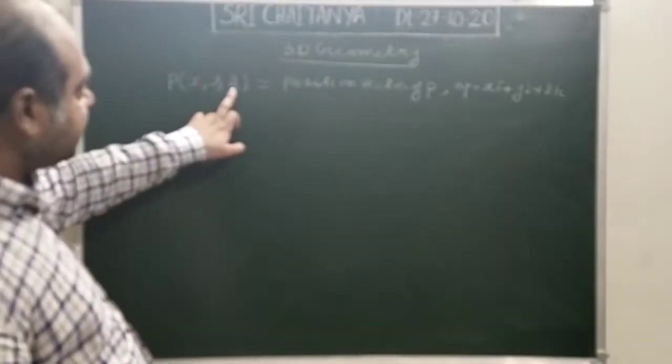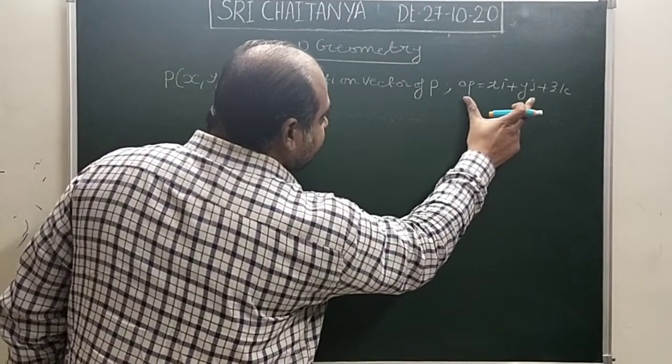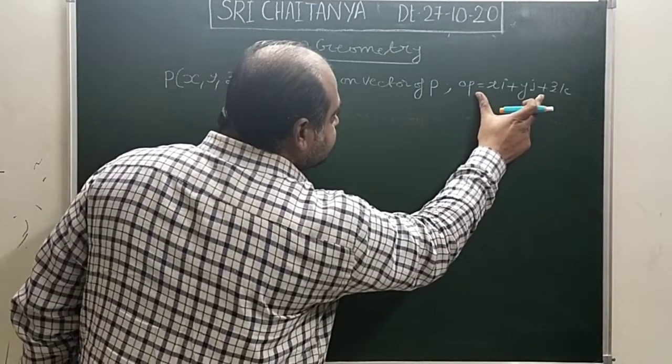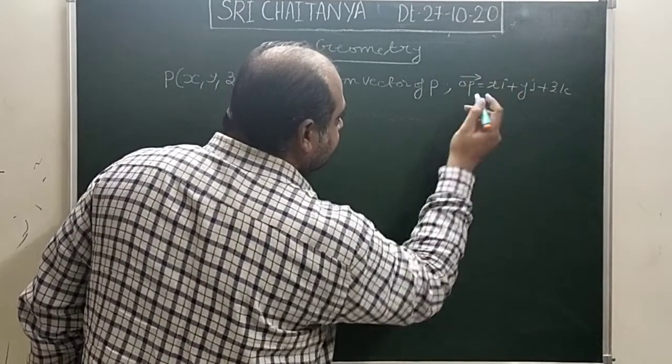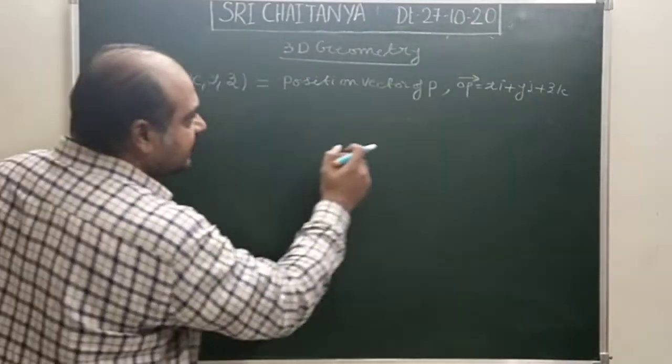Point representation like this: if you know the point, you can write the position vector of that point. If you know the position vector, then if OP bar equals this, P is this. They are mutually convertible.